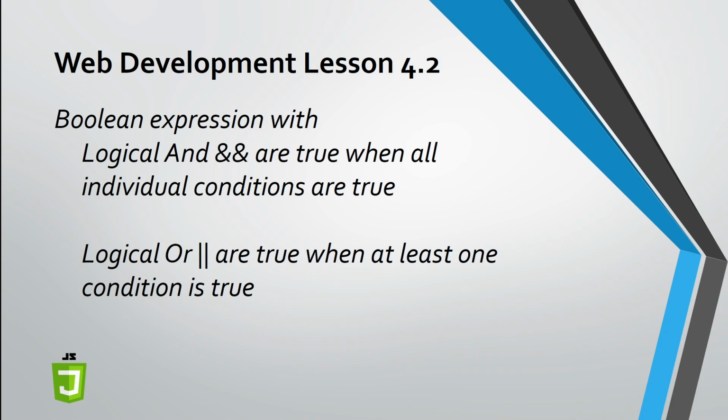So everything has to be met in order for an expression with a logical and to be true. Contrary, the logical or statements are true when at least one condition is true. So only one thing has to be met in order for an expression with a logical or to be true.